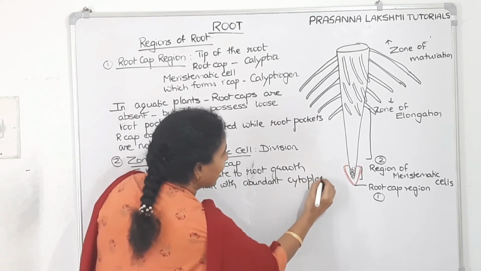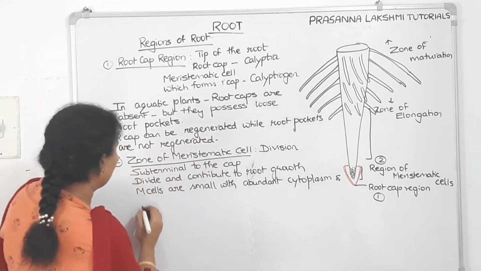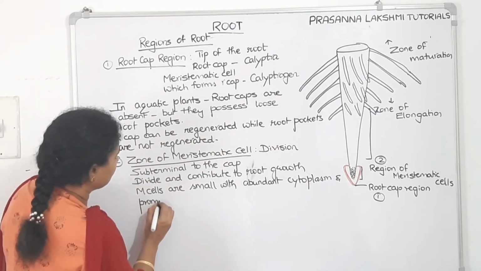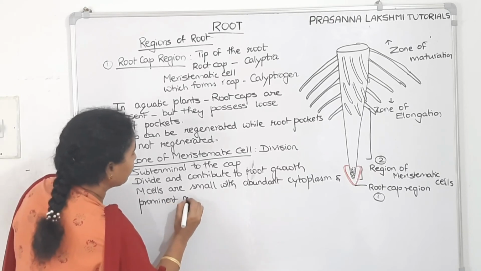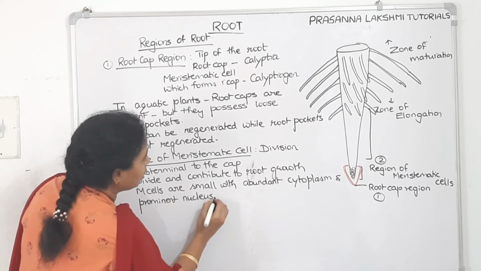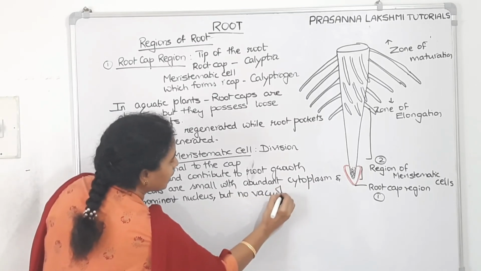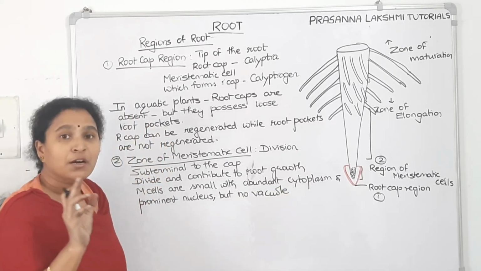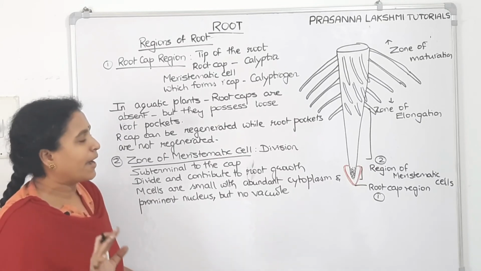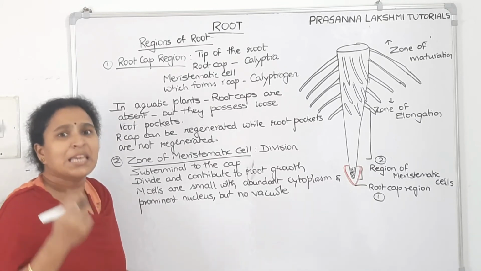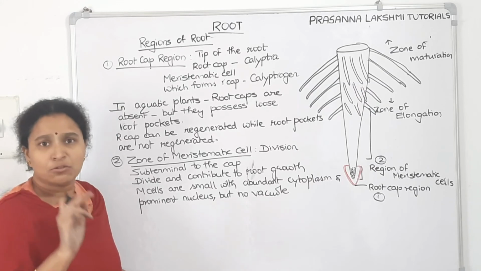Actively dividing cells should have abundant cytoplasm and prominent nucleus, but no vacuole. Meristematic cells will not have space for a vacuole. What is the function of meristematic cells? Keep dividing, contributing to the root growth.